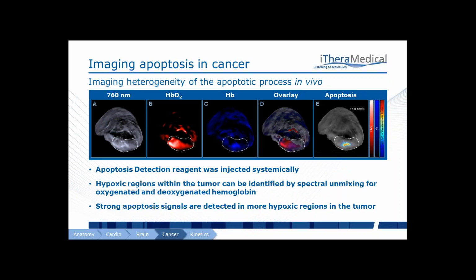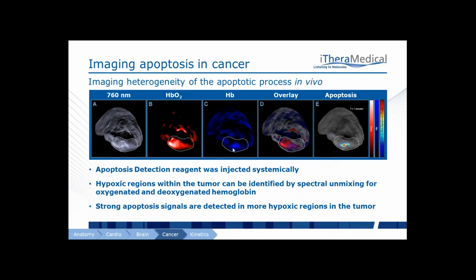Another thing we could image is actually processes, depending on the type of probe you have available. In this case, we use a probe that binds to caspase, so this can be used to image apoptosis in cancer. Most cancers are extremely heterogeneous, and with MSOT we can show this heterogeneity. In panel A, I show a single wavelength image at 760 nanometers, and the tumor is circled by a white line.